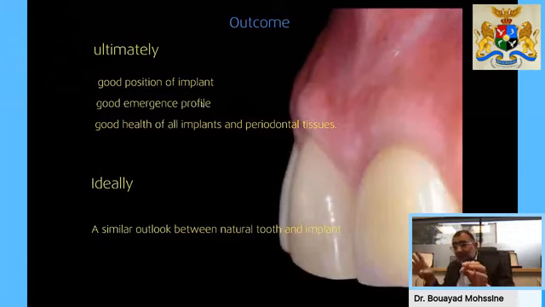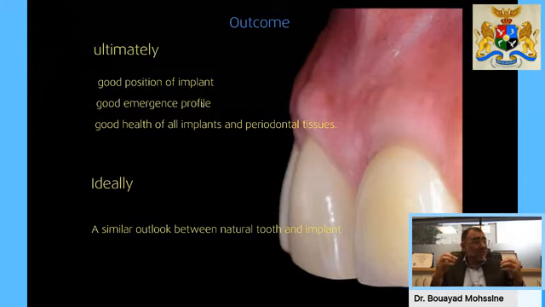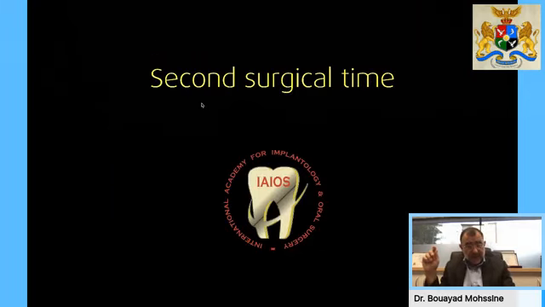Ultimately, we have to place our implant in a good position with a good emergence profile. That's what every surgeon wants: good health of the implant and periodontal tissue. Ideally, we have a similar outlook between a natural tooth and an implant.